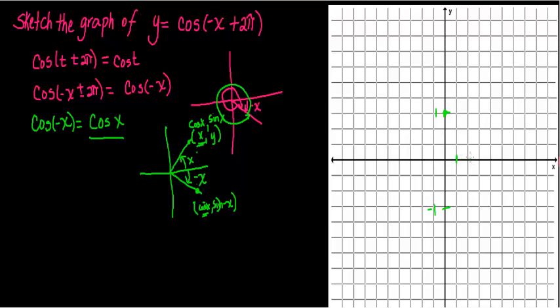We have our 4 key values where we hit the 0, reach our minimum, hit the 0, and reach our maximum. And there is your function, okay? That is cosine of negative x plus 2 pi, and then you can continue sketching this cycle throughout.